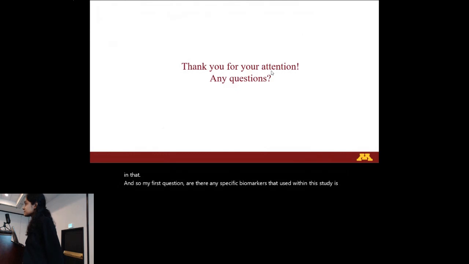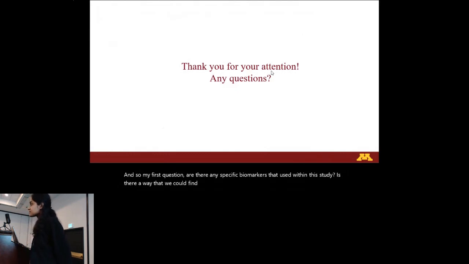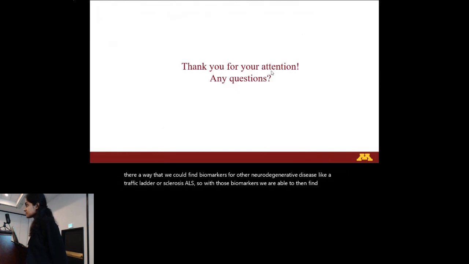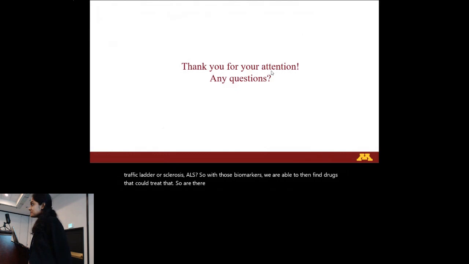Is there a way that we could find biomarkers for other neurodegenerative diseases, like amyotrophic lateral sclerosis, ALS, so that with those biomarkers we are able to find drugs that could treat that? Are there any specific biomarkers that could be derived from using this in another neurodegenerative disease?